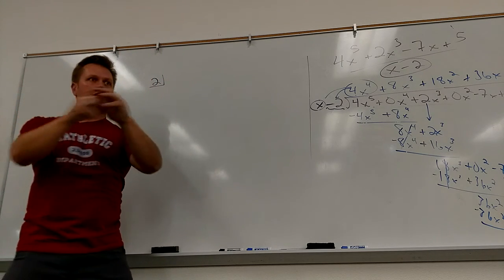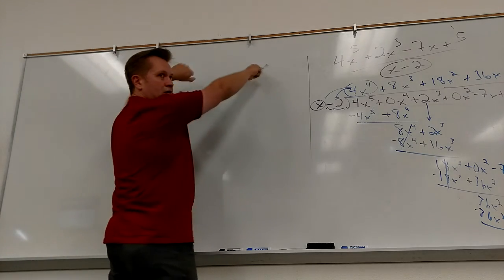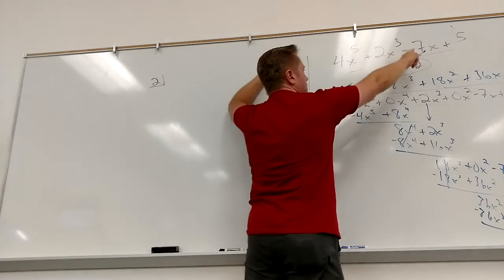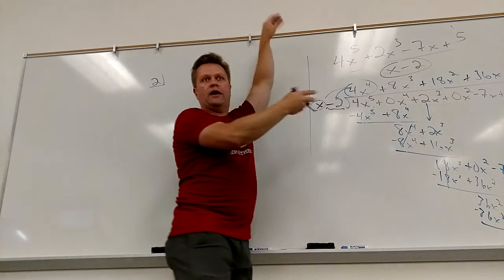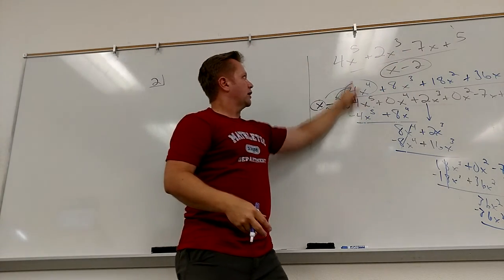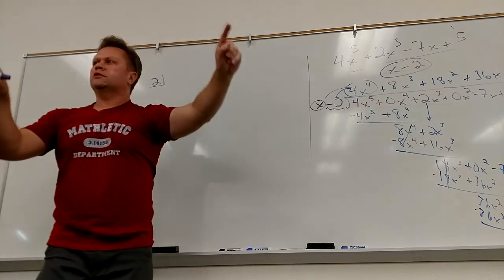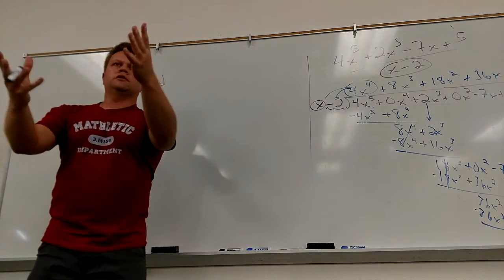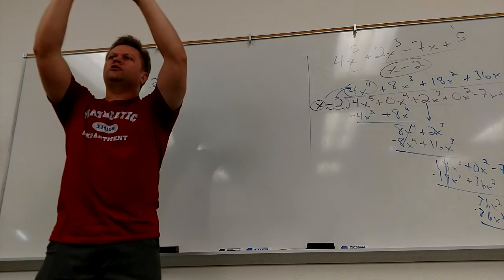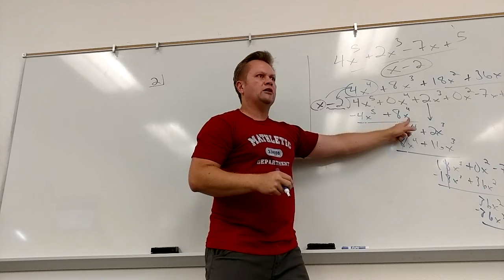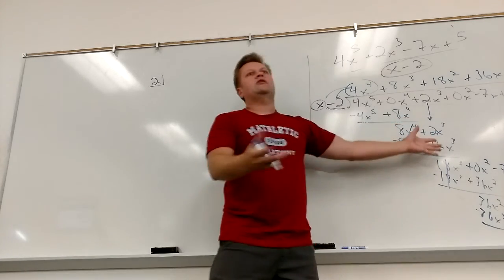Now, as long as everything is in order, I can just put the numbers here. Anything that's missing, I have to put a 0 in like I have had to before. So what do I have here? I got 4 and, of course, 0. I'm just going to write the coefficients. I really want this to make sense. All that matters here are the numbers. These are like terms, so why do I have to write the x to the 4s or the x cubes?